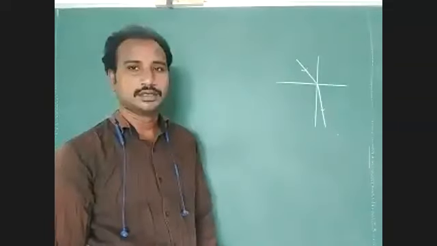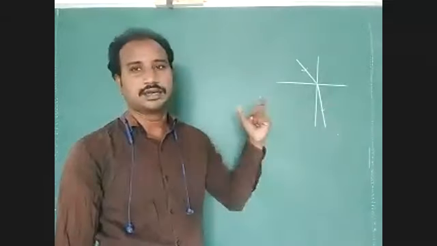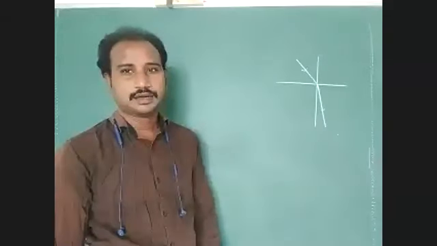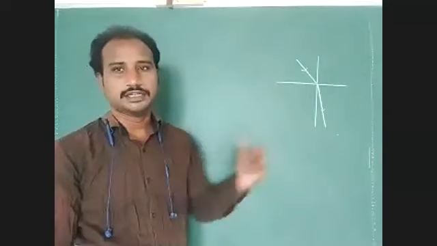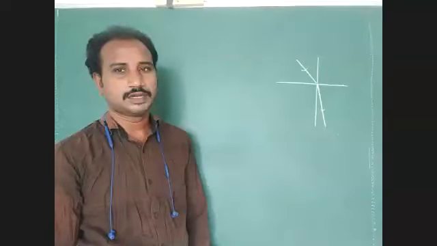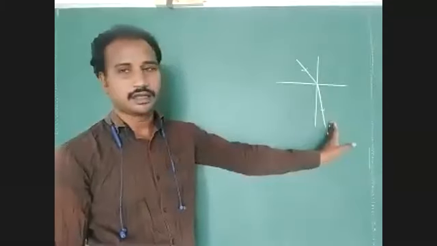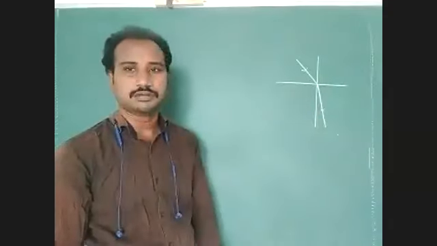What is the reason? Here we consider the denser optical medium. The denser optical medium affects the path of the incident ray. Because of that, the refracted ray bends towards the normal.